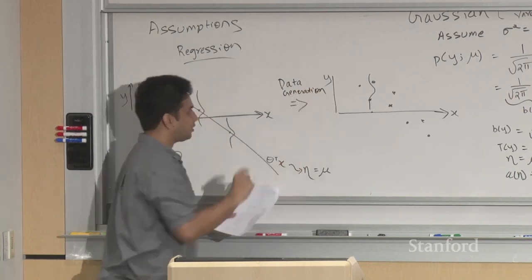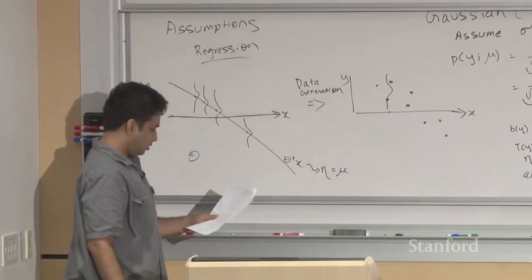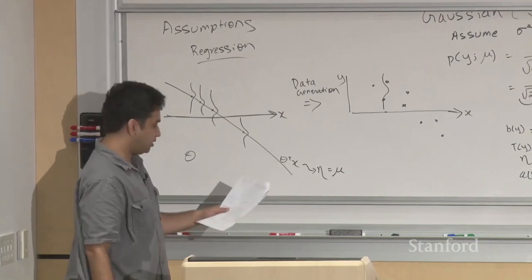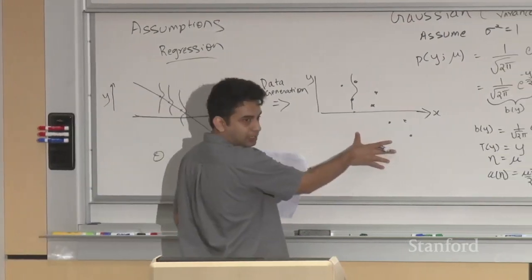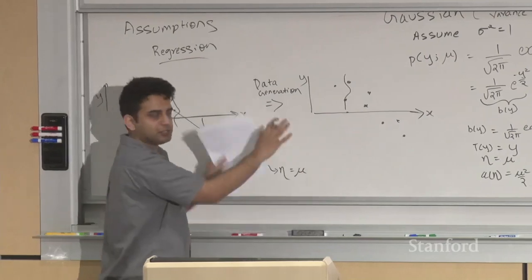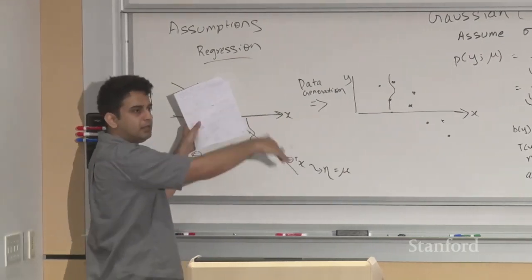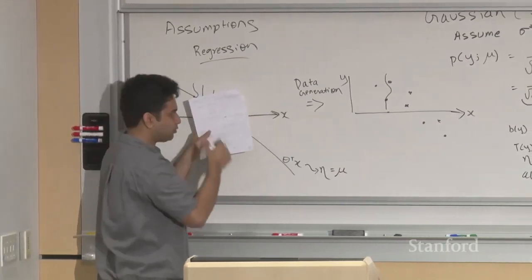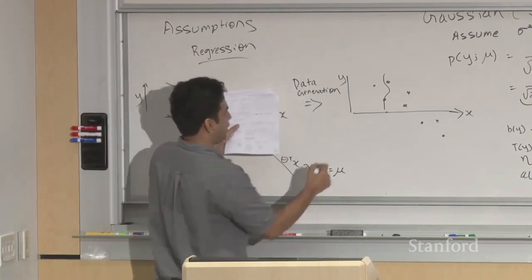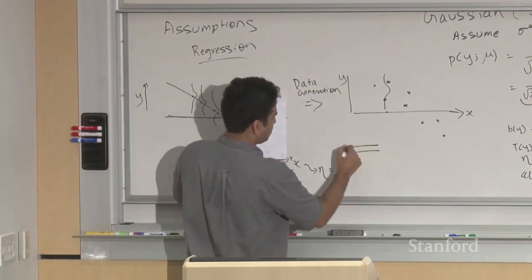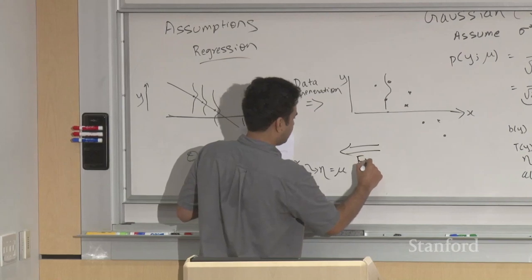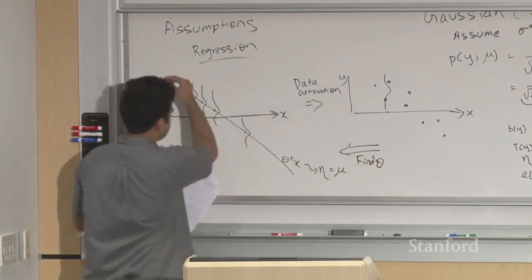Now, based on these assumptions, what we are doing with the GLM is we start with the data. We don't know anything else. We make an assumption that there is some linear model from which the data was generated in this format. And we want to work backwards to find the theta that will give us this line.